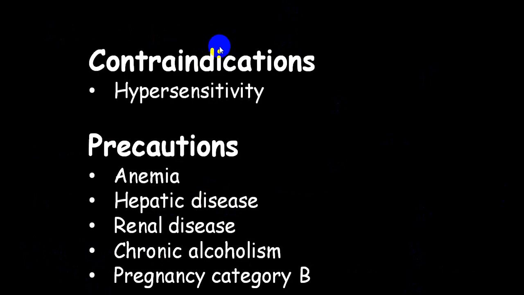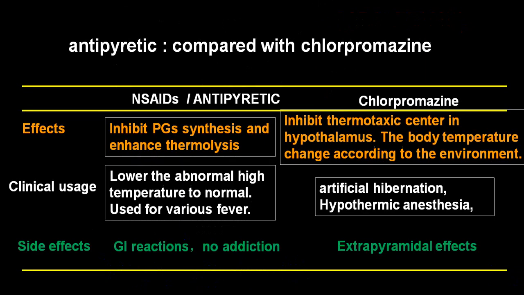The major contraindication is only a person who is hypersensitive. You should take precaution in a person with anemia, chronic liver disease, CKD, chronic alcoholics, and it is a category 2 drug during pregnancy. So it should be used with little caution during pregnancy. Otherwise, it is relatively safe.